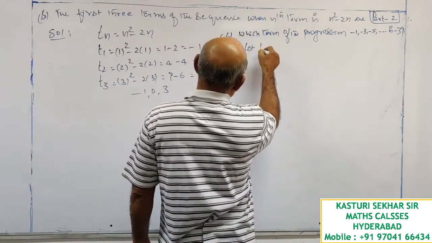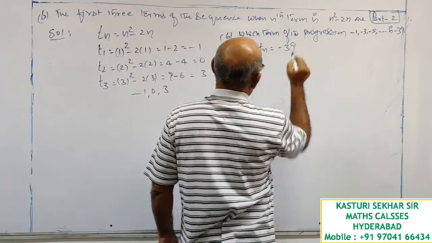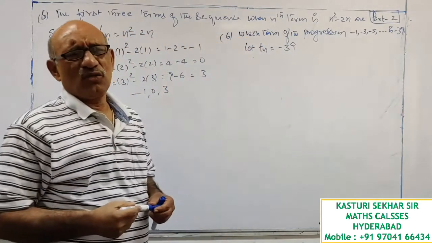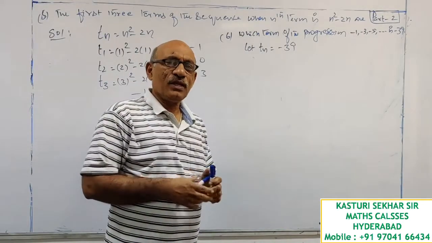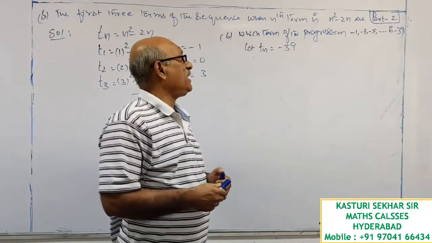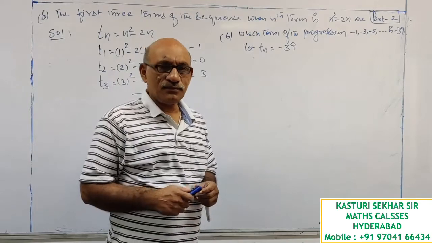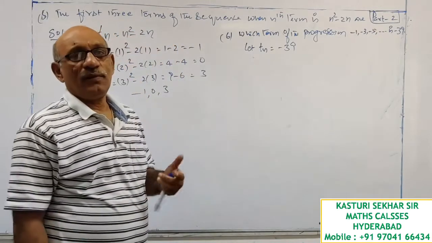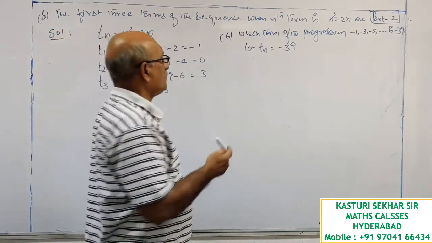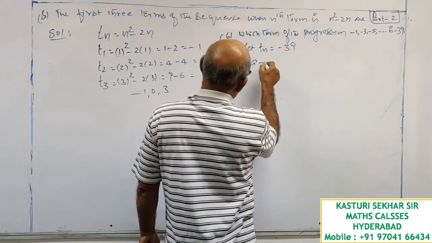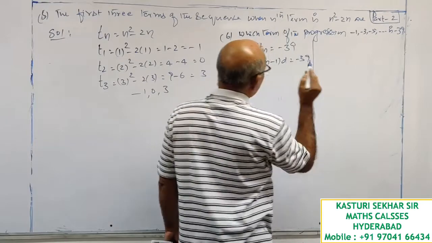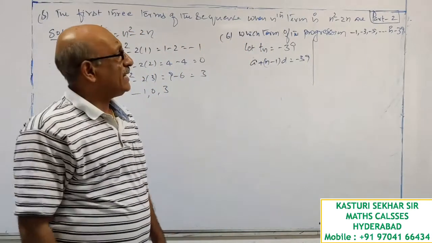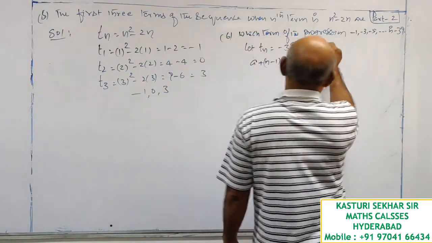Let Tn is equal to minus 39 because we don't know the order in the sense where it lies. So general assumption is Tn is equal to minus 39 and let me calculate the value of n. We know Tn is equal to a plus n minus 1 into d, this is minus 39. Calculate the common difference here.